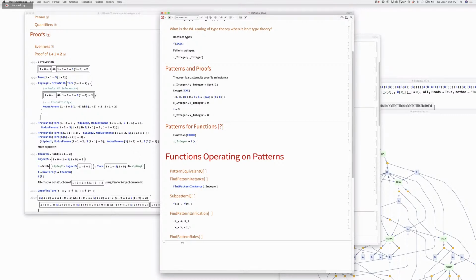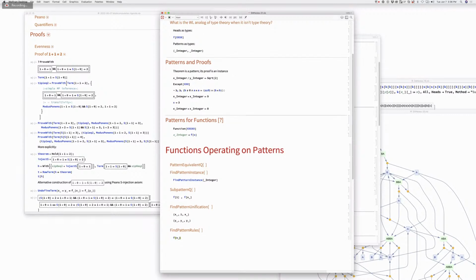It's almost replace. Yeah, that's right. It's find pattern rules of this, comma, f of 3, 3, returns x goes to 3.